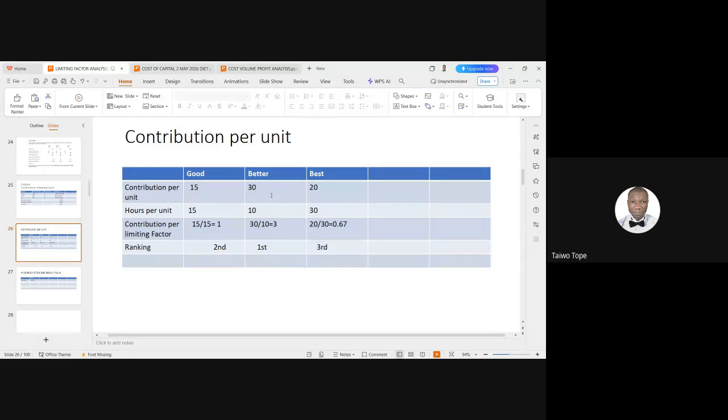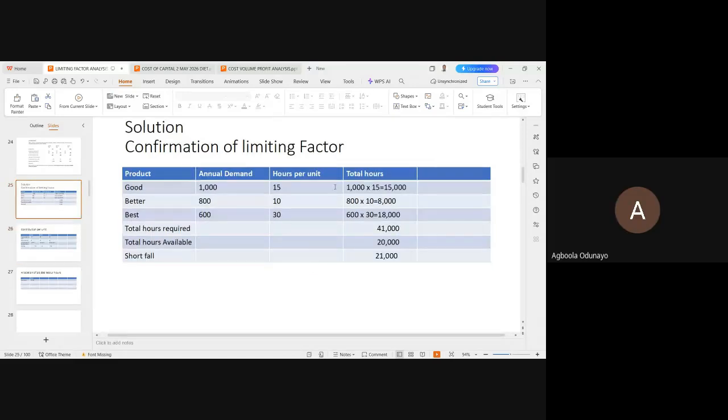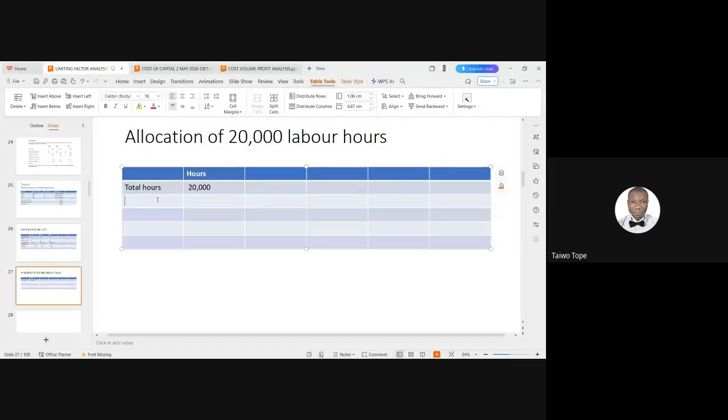Better is ranking first, right? So how many hours do we need to produce Better? 8,000 hours. Since it's ranking first, we need to give it the first priority. The first priority is product Better, the first rank product.